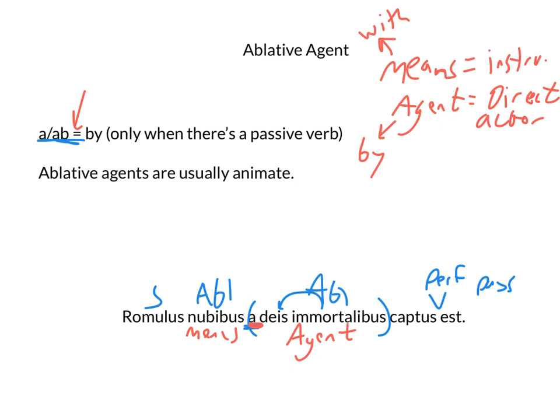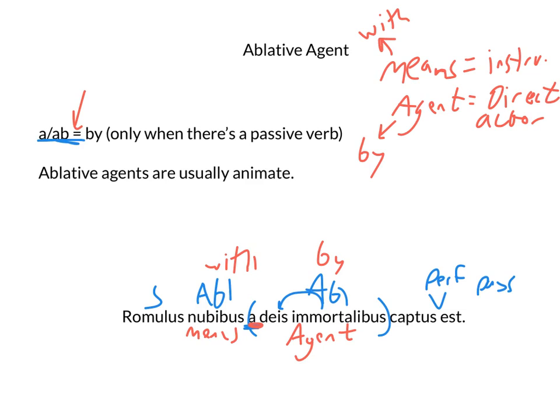And gods are characters in stories, and therefore they are animate. And so they can be ablatives of agents. So this is going to be your by, and this is going to be your with. So Romulus was taken with clouds, pluralized clouds. Romulus was taken with clouds by the immortal gods. Done.